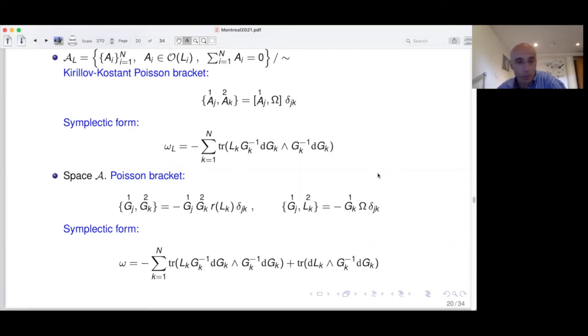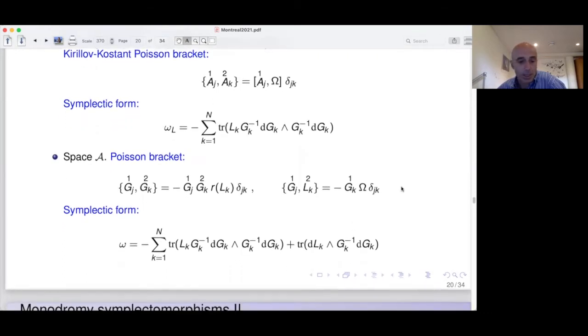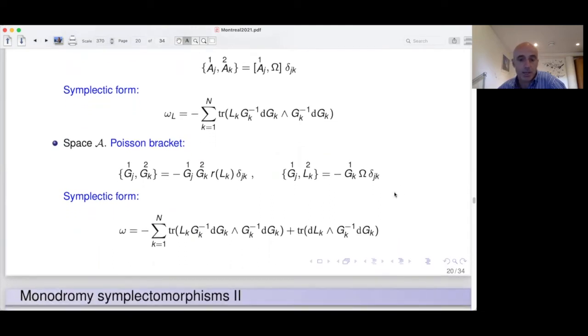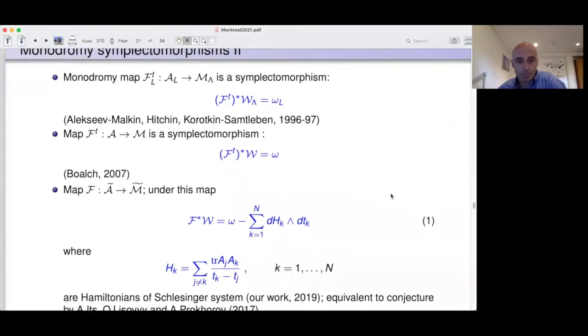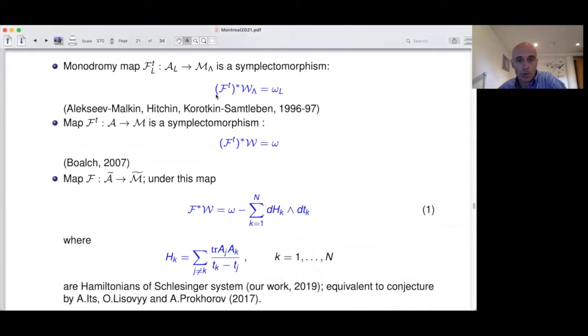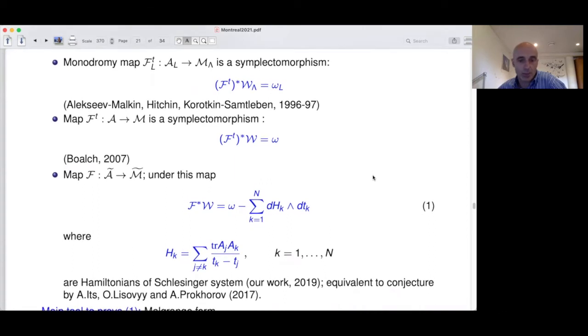And Phil Boalch told us, after we had submitted the initial version, that on the level of the symplectic forms he proved it in 2010, which is probably correct, but the formalisms are very different, so it's a bit hard to compare. Anyway, this is the old symplectomorphism, which was proved long ago, and that was 27. So the extension to the eigenvalue and eigenvector spaces.